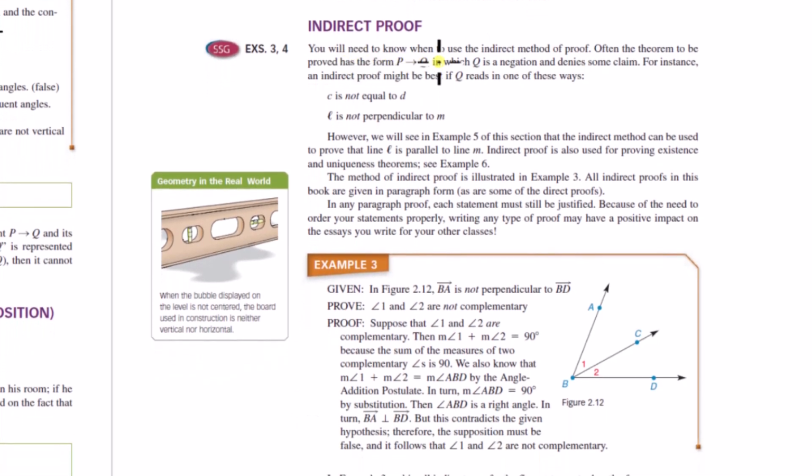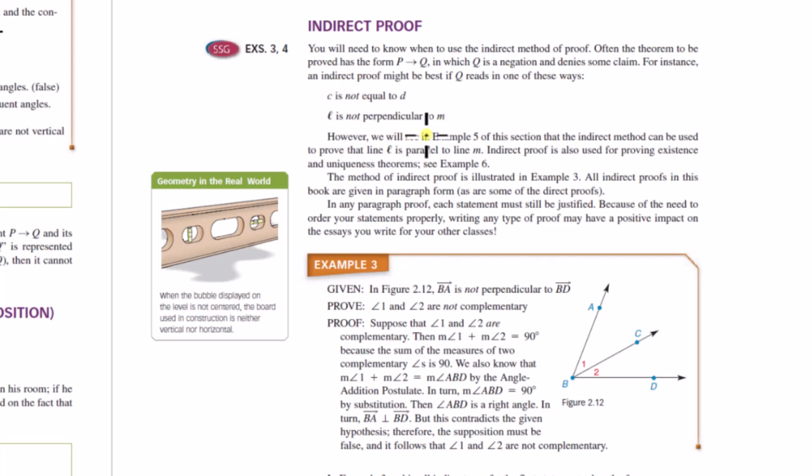You need to know when to use the indirect method of proof. Often the theorem to be proved has the form if P then Q, in which Q is a negation and denies some claim. For instance, an indirect proof might be best if Q reads in one of these ways: C is not equal to D, or L is not perpendicular to M. So you might have some statements that you want to prove that have these negations in them.